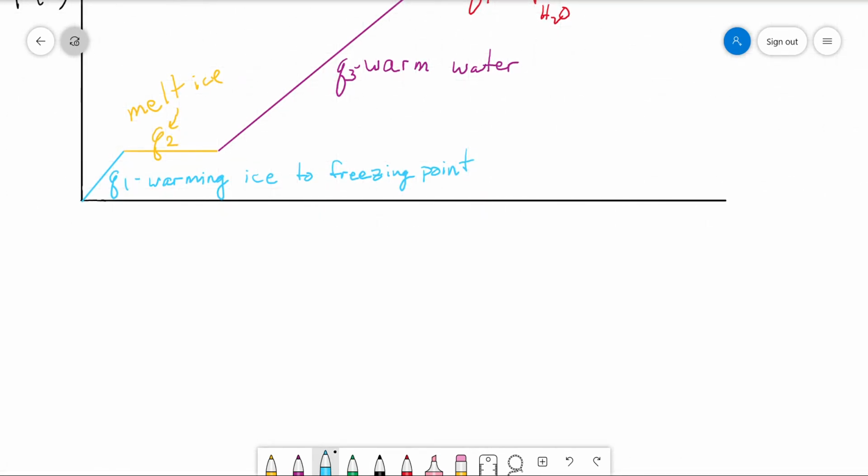Let's go through each step one by one. Q1, the warming of the ice. We have ice at -5 degrees Celsius, and the ice cannot melt until it gets to its normal freezing point of 0. So we use MC of ice times delta T of the ice. Everything is going to have the same mass, but the C is specific for ice, water, and the vapor. The units, joules per gram degree Celsius, are the same.